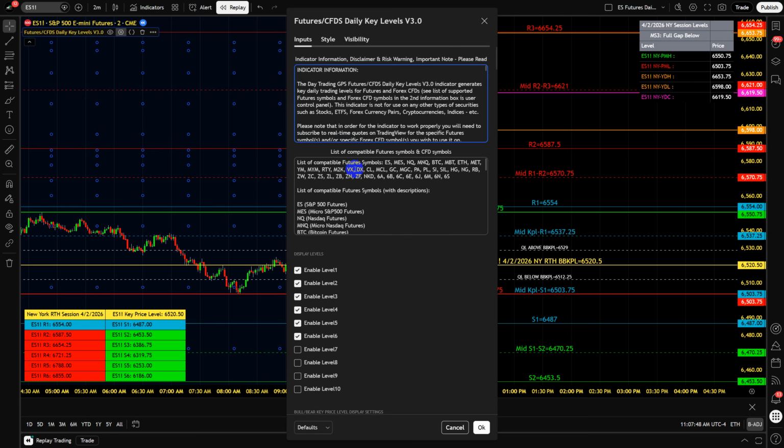Okay, so secondly, we have the list of compatible futures symbols and CFD symbols. So this indicator works on all the major futures symbols and forex CFD symbols. The forex CFDs are basically the forex versions of many of the futures, just in CFD form.